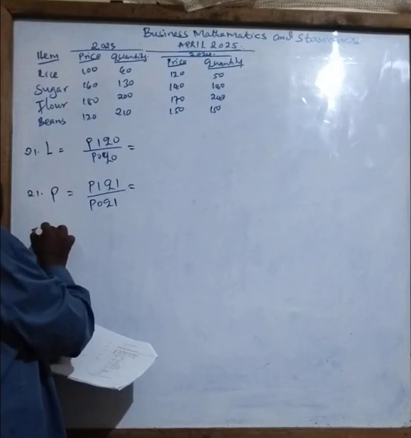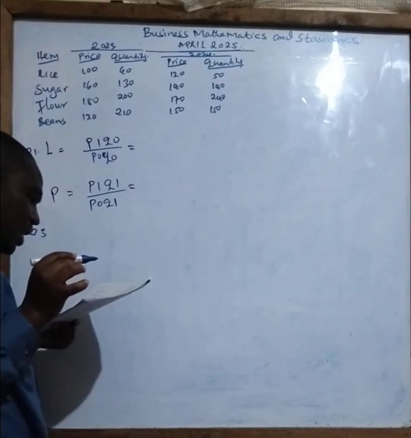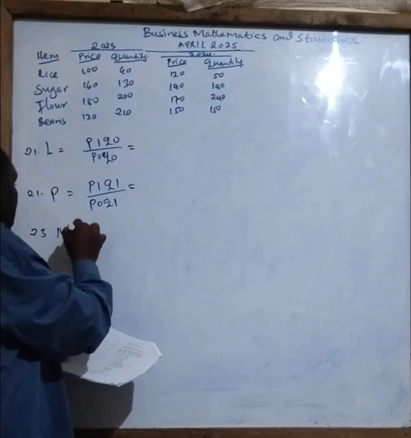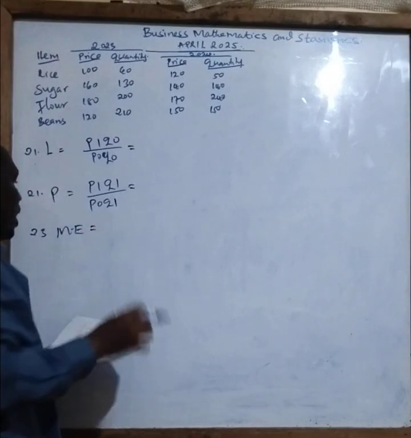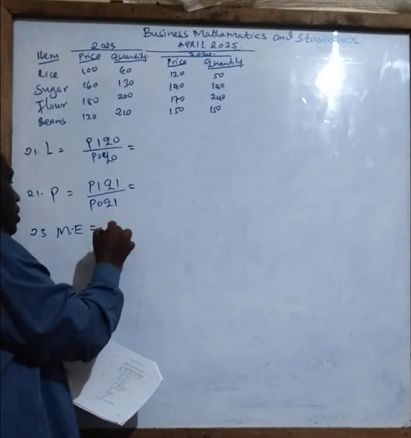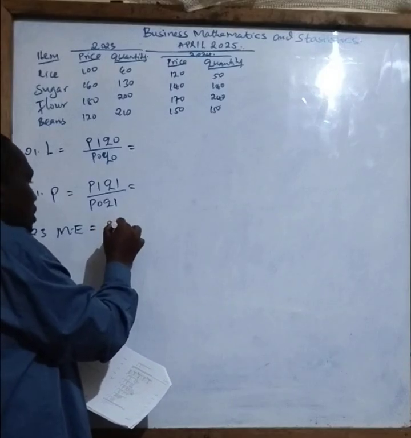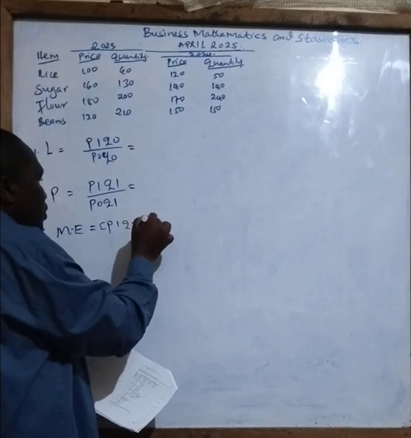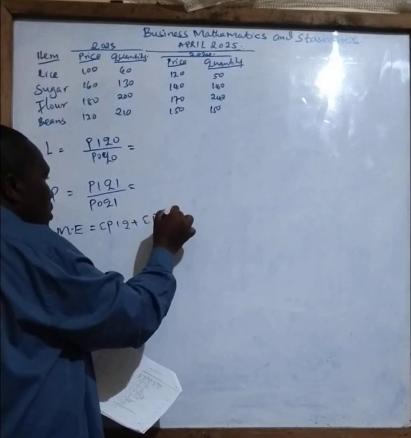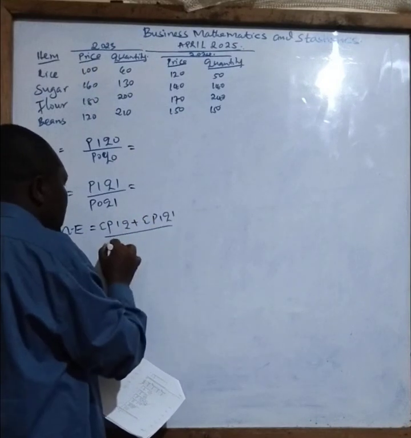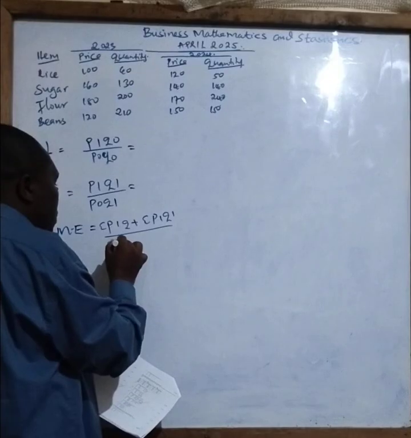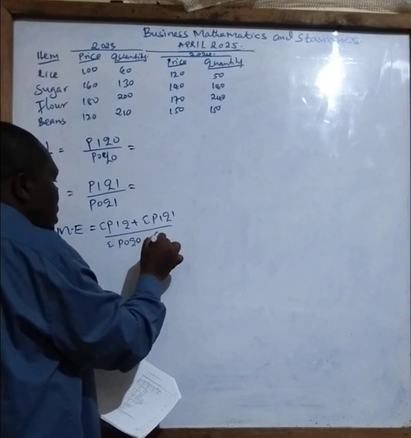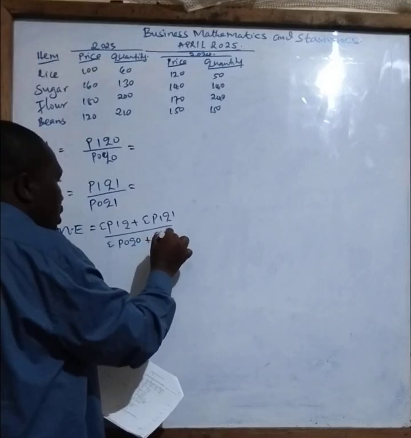Then number 23, I've been told to calculate the Marshall-Edgeworth. So Marshall-Edgeworth is given by the summation of P1Q0 plus the summation of P1Q1, over the summation of P0Q0 plus the summation of P0Q1.